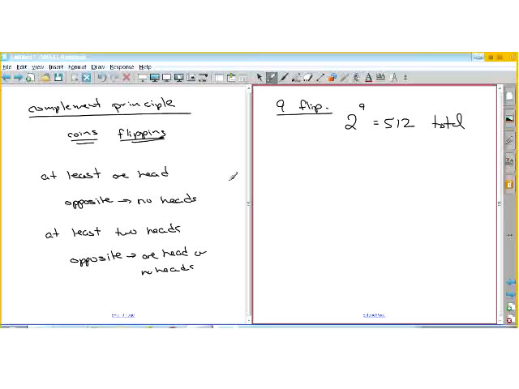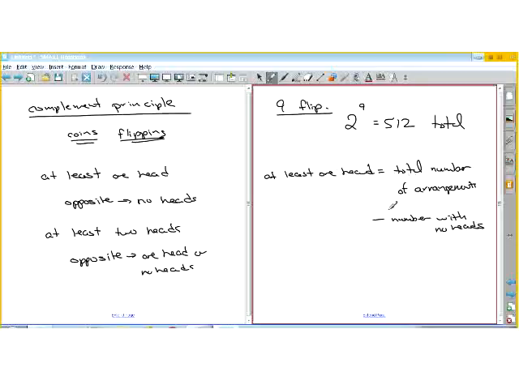The complement principle says that if you have one of these at least cases, instead of answering this question, if you wanted to know at least one head, what you would do is you get the total number of arrangements minus the number with no heads.